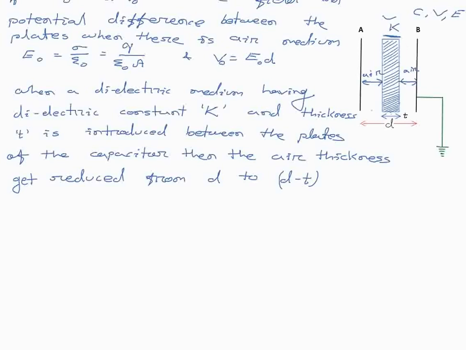As the air thickness gets reduced from d to d minus t, the electric field intensity will also reduce, and the potential will change accordingly.